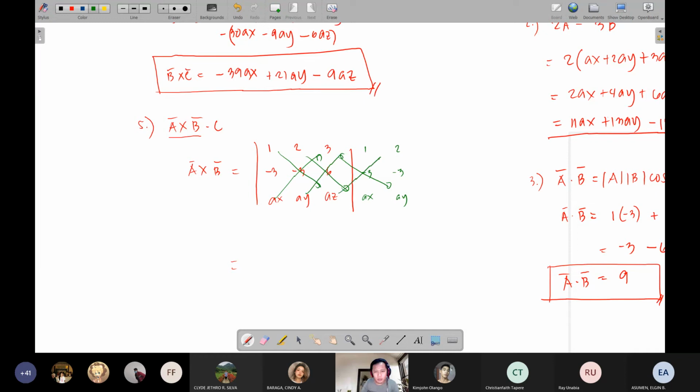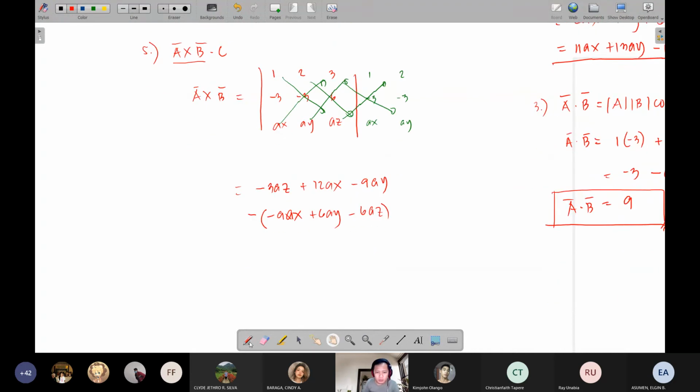This will be negative 3az, then plus 12ax, then negative 9ay, and subtracting the upward terms, negative 9ax, then 6ay plus 6ay, and then negative 6az.